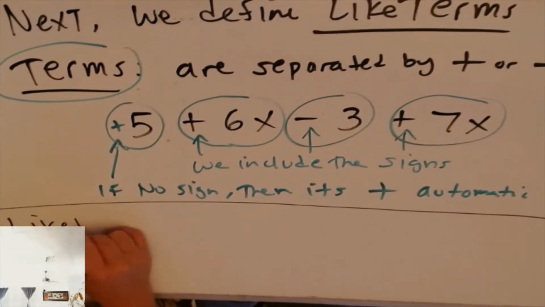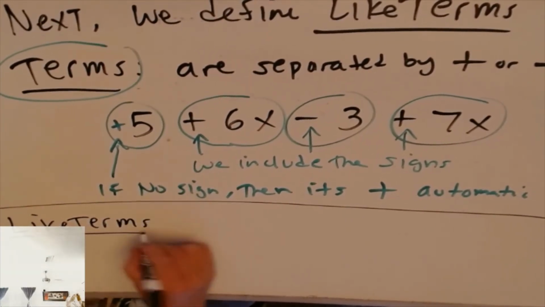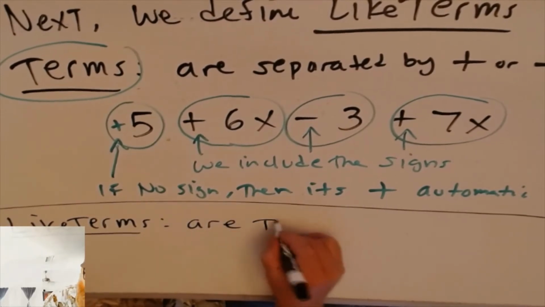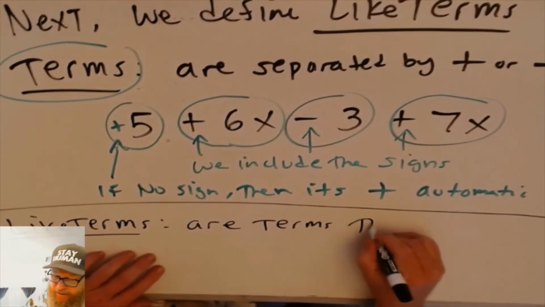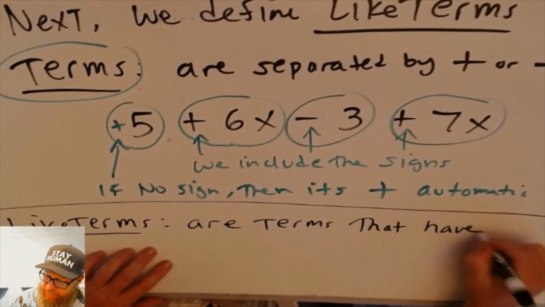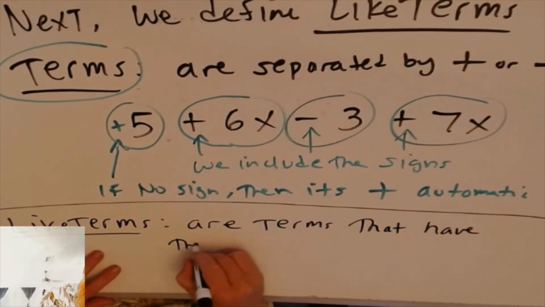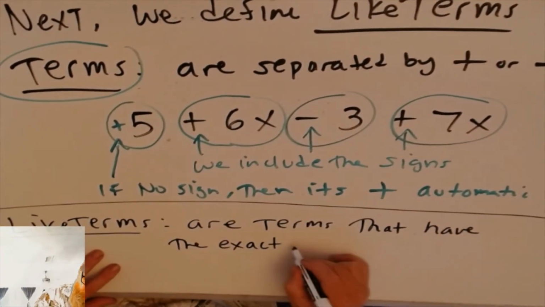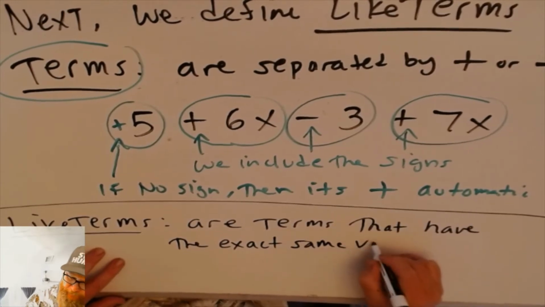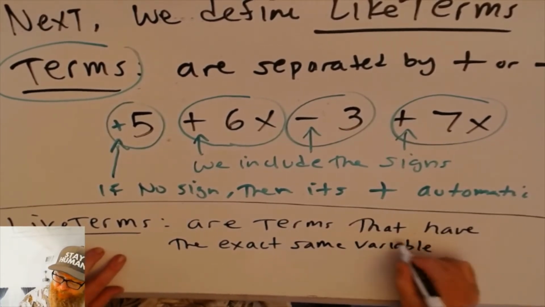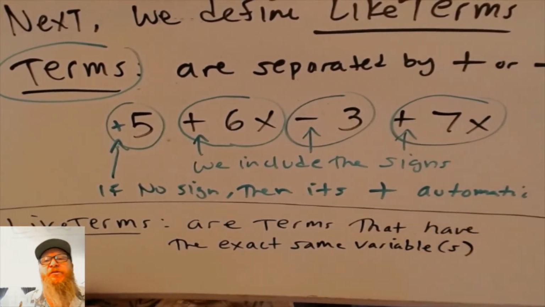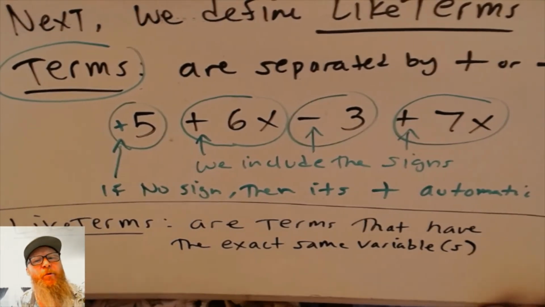Like terms are terms that have the exact same variable, or variables if there happens to be more than one.